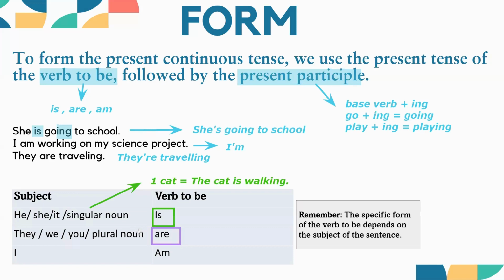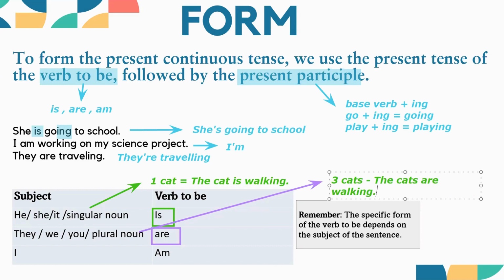So plural just means more than one. So in this example, let's say you have 3 cats. You would say the cats are walking. And remember, we use the verb to be am if our subject is I. So I am.